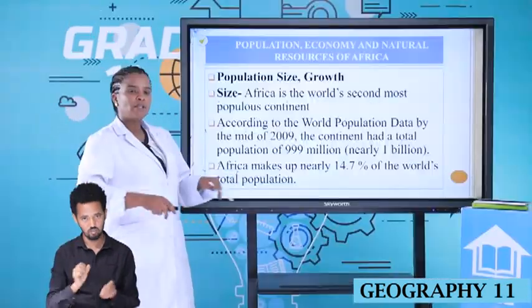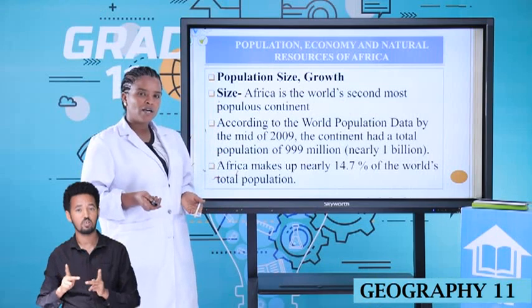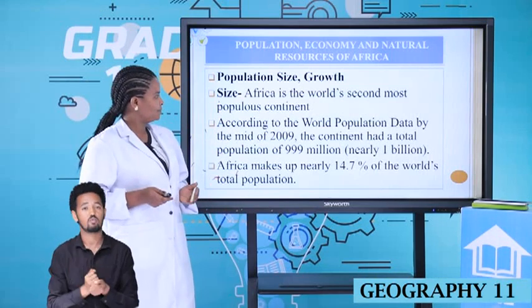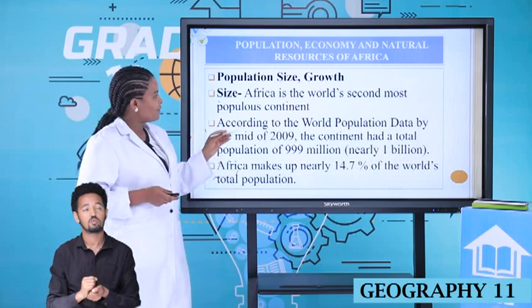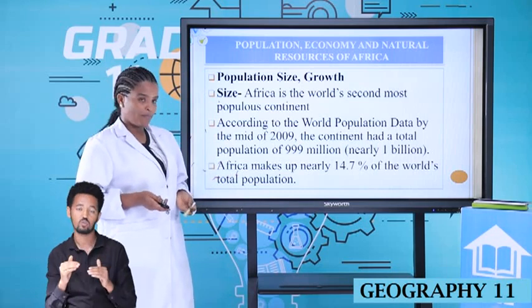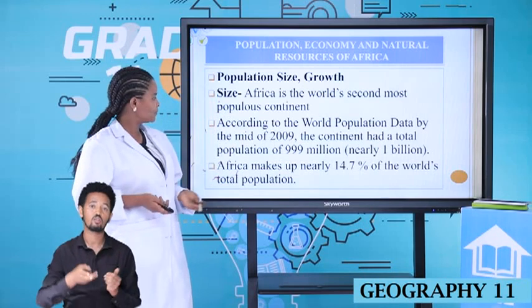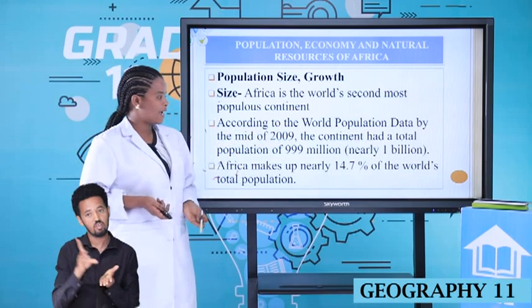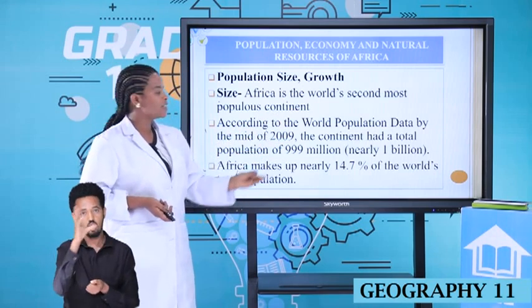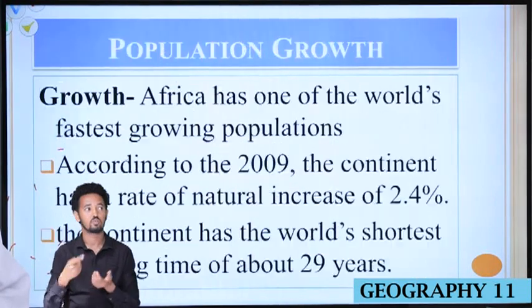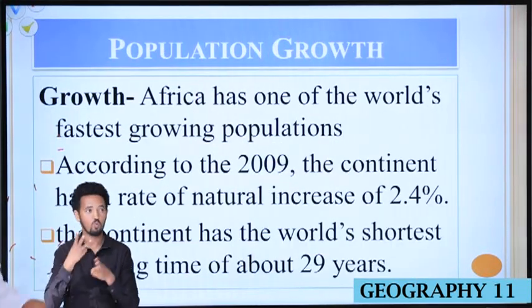Let us see the population size of Africa and what the population growth of Africa looks like. As we have seen previously, Africa is the second most populous continent in the world because fertility is high in Africa. According to the World Population Data Sheet of 2009, the African population reached 1 billion, and 14.7% of the world population is found in Africa.